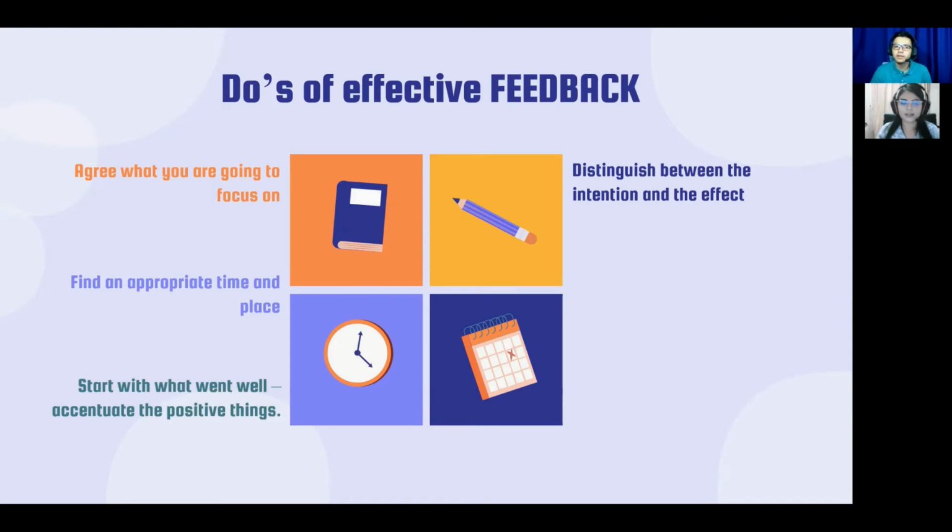When talking about distinguishing between the intention and effect, it's like the teacher maybe had something in mind, but when he did it, it had a different effect. So it's not that you are blaming the teacher because what he did was wrong, it's just the effect. It's not that he did it on purpose, right? Exactly.